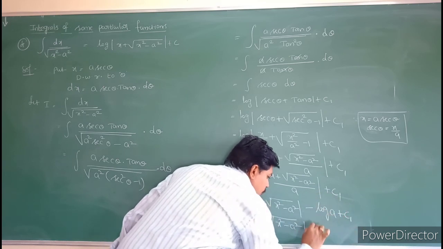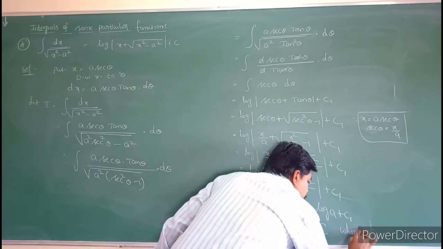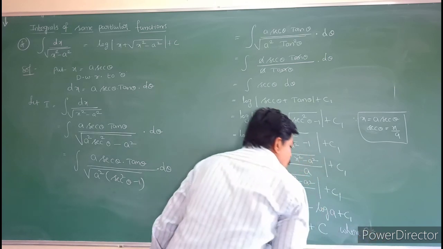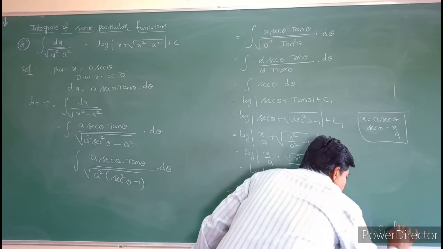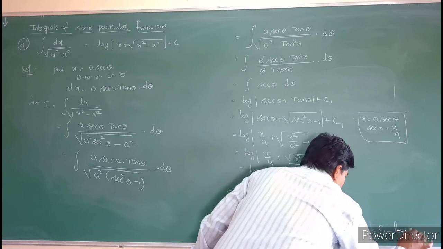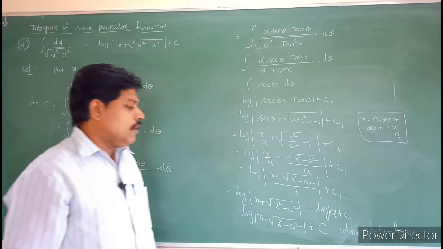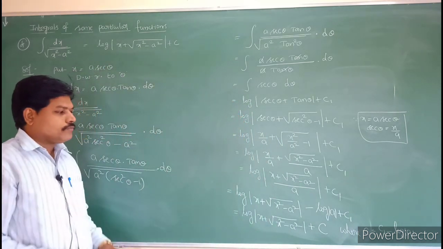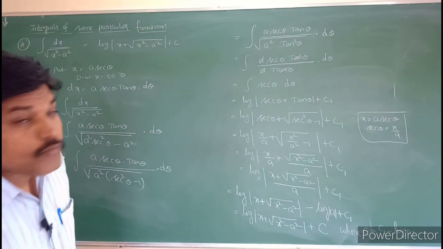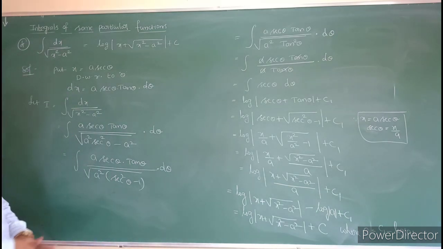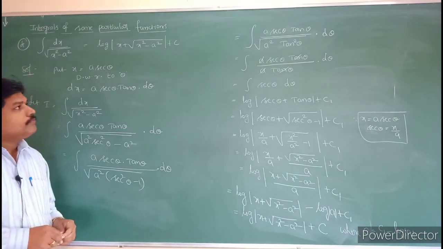This total term you can take as a C, where C is equal to C1 minus log mod A. So see that once again, students. This is an important question, we are going to use this formula in a number of problems.